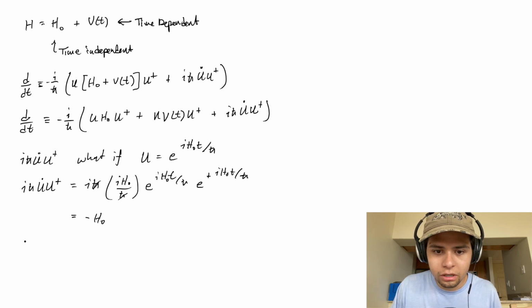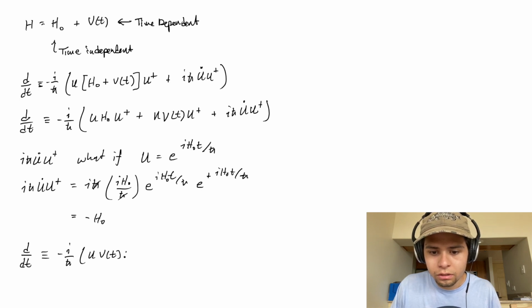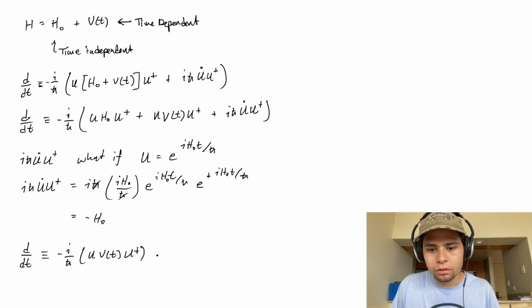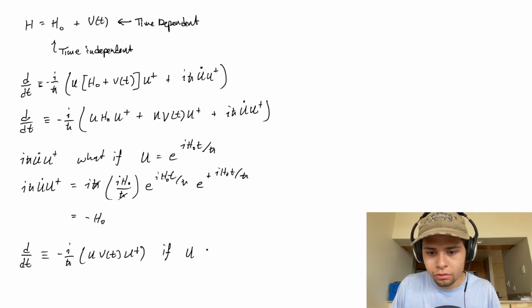So d/dt is equivalent to negative i h bar times U V(t) times U dagger. All right, if U is equal to e to the i H naught t over h bar.